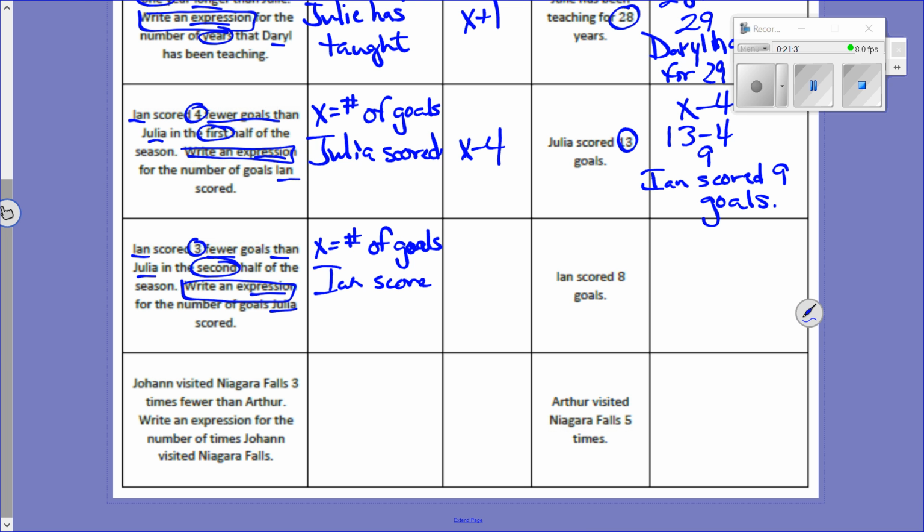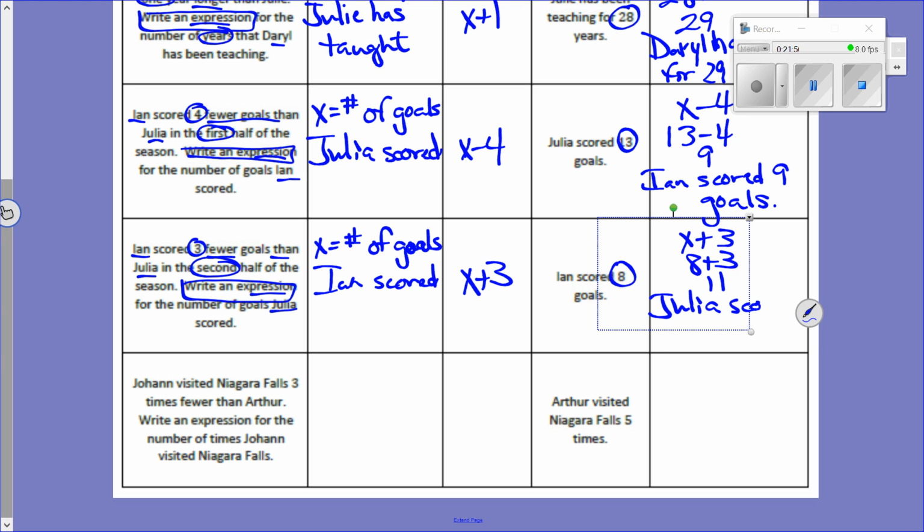Okay, so now from Ian's perspective, his was 3 fewer, so if I want to get to what Julia scored, I need to add 3 this time. Ian scored 8, so my X plus 3 now becomes 8 plus 3, or 11. So Julia scored 11 goals. And then double check. Ian scored 3 fewer. He scored 8. Was that 3 fewer than Julia's 11?